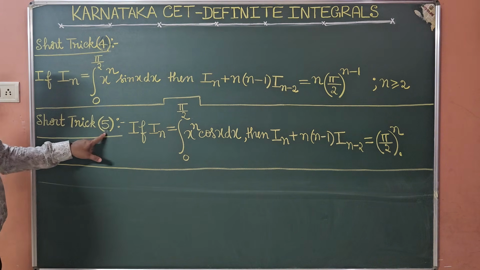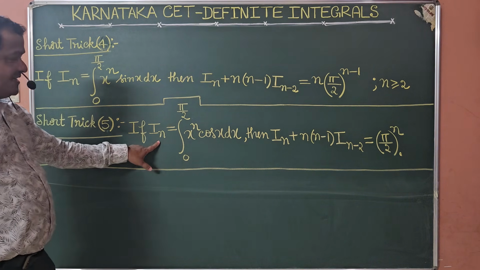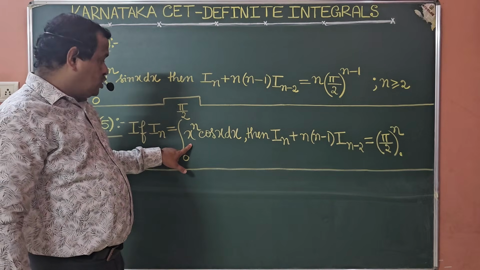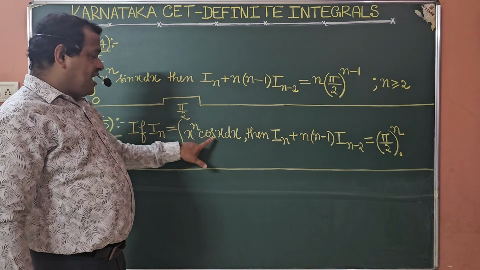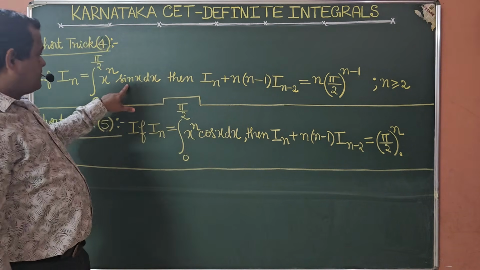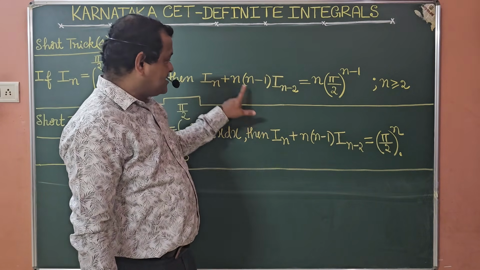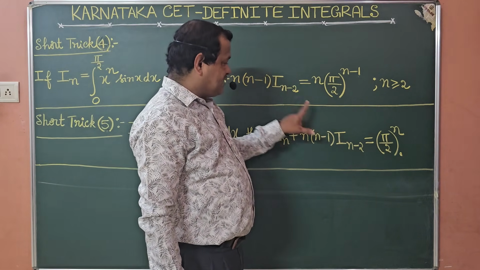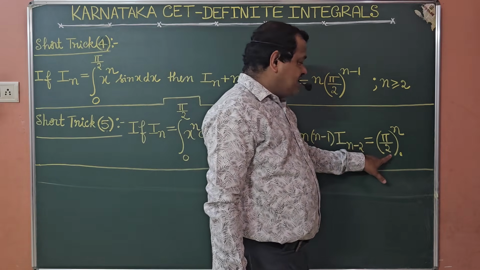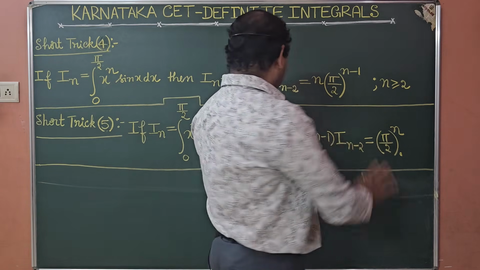And short trick 5 is, if I suffix n is equal to integration from 0 to pi by 2 of x power n cos x dx, instead of sin x we have cos x, then I suffix n plus n into n minus 1, I suffix n minus 2, the answer is pi by 2 whole power n.